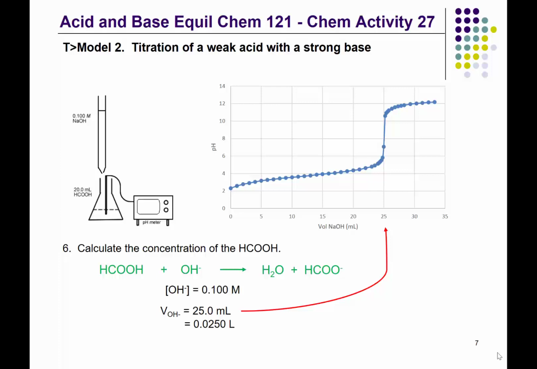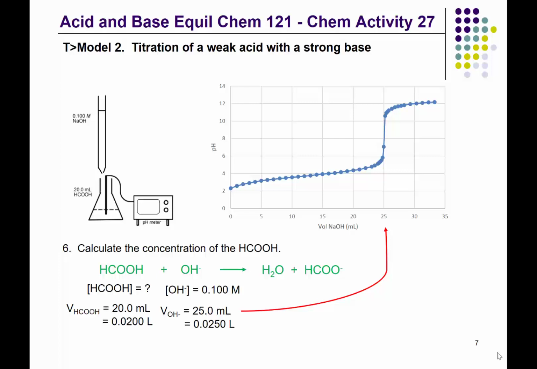0.0250 liters. Now consider what we know about the methanoic acid solution. Given is the original volume of the methanoic acid solution, and this is equal to 20.0 mL, or 0.0200 liters. What we don't know, but can now calculate, is the original concentration of methanoic acid before the titration.